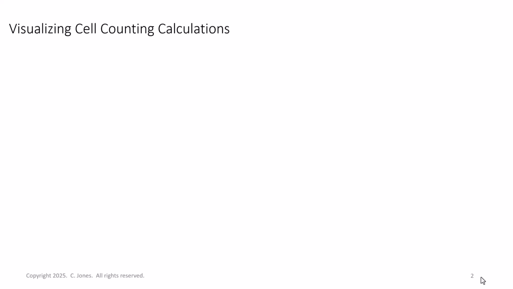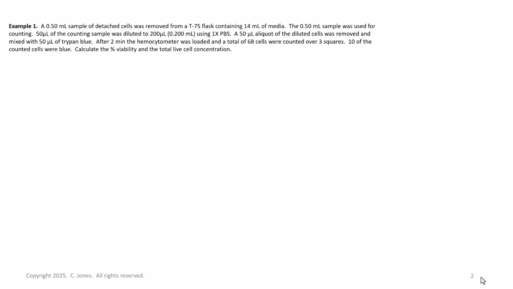Visualizing cell counting calculations. Here's our first example. A 0.50 mil sample of detached cells was removed from a T75 flask containing 14 mils of media. The 0.50 mil sample was used for counting. 50 microliters of the counting sample was diluted to 200 microliters using 1x PBS.